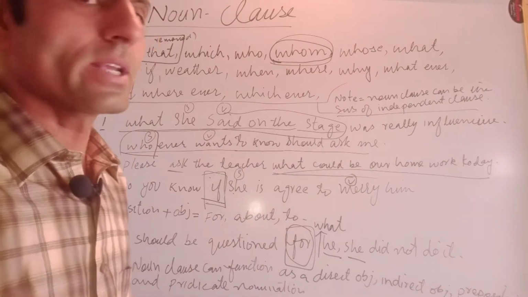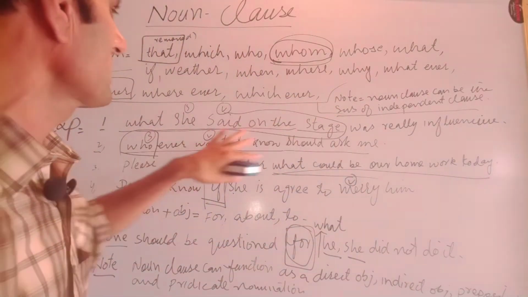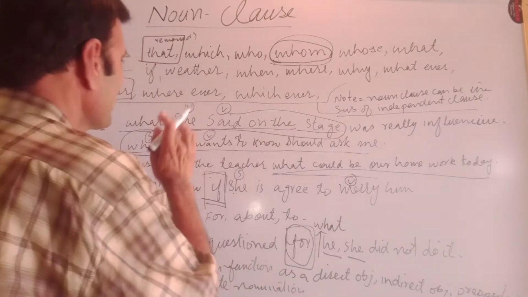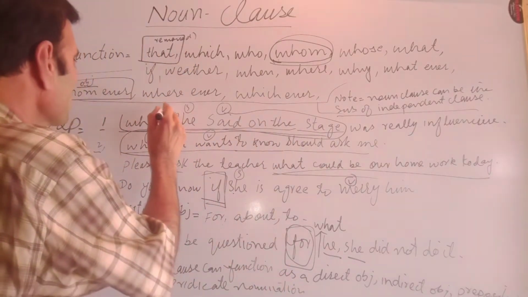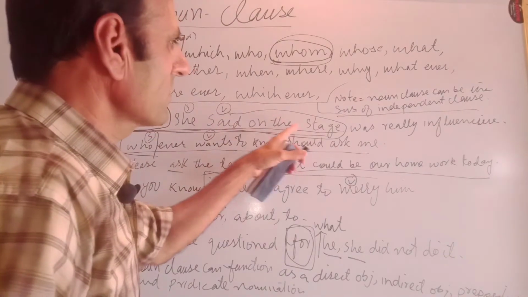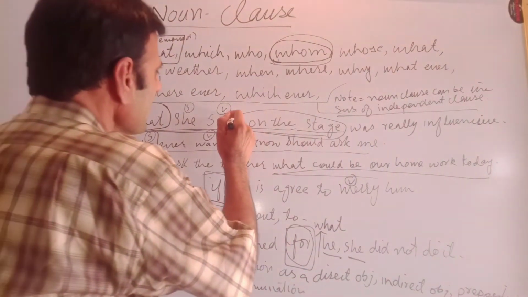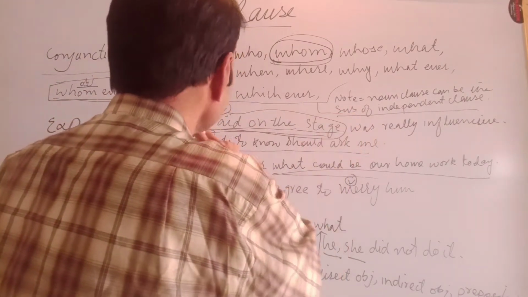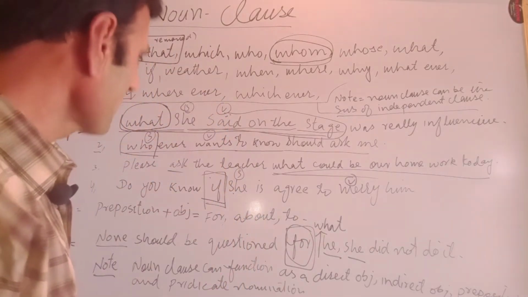Those who are hearing her speaking find it influential. Now, what she said on the stage, this is the noun clause. Why? Because the noun clause is working as the subject of the sentence. Said is the verb, and she is our subject.